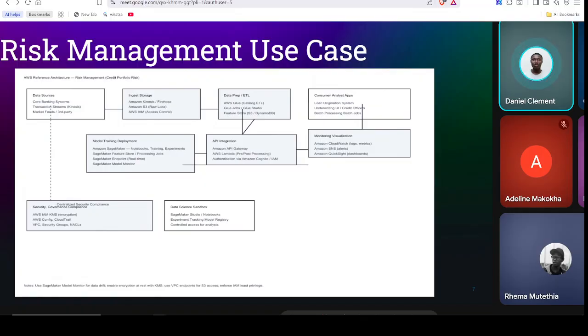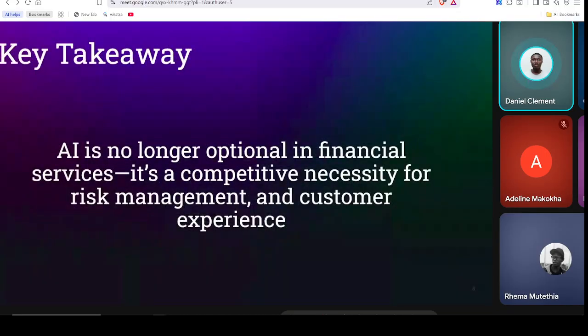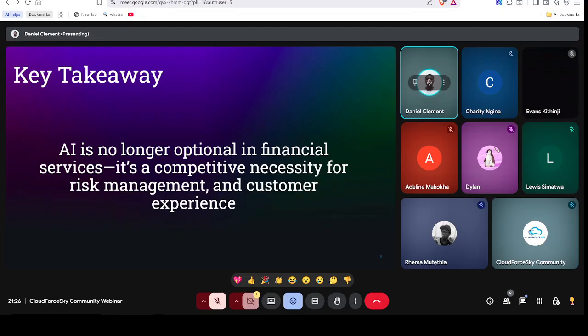Moving forward to the key takeaway as we come to a close, I always say AI is no longer an option in financial service. It's a competitive necessity for risk management and customer experience. Highlighting the customer experience, because every company, business or individual lives on relationships, and that comes from customer experience.